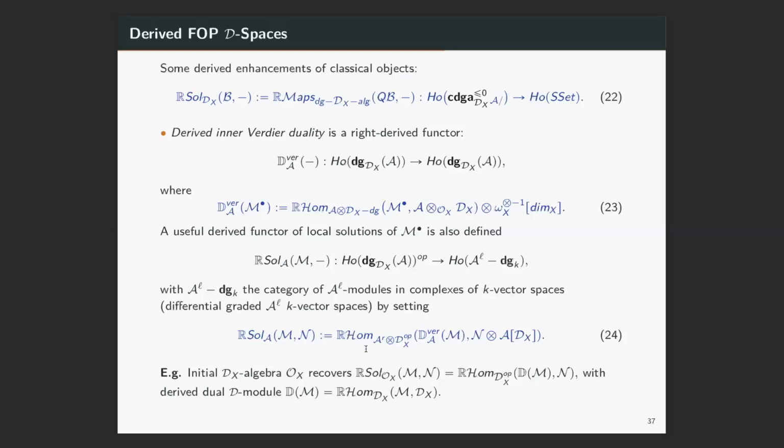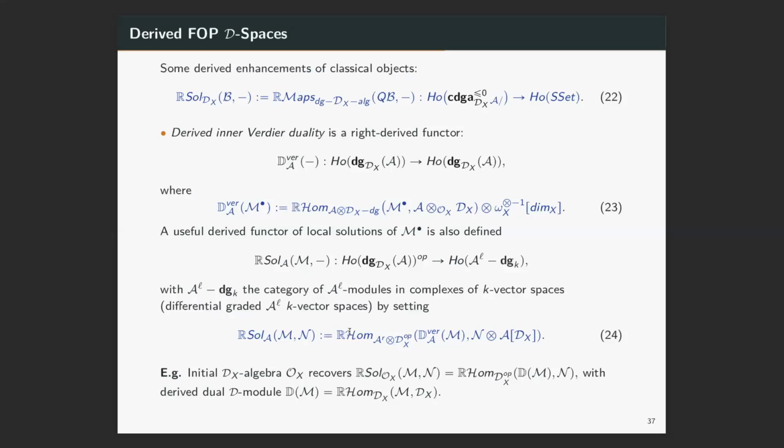If you remember, taking the right and the left, if you dualize at some point, depending on whether your operation is contravariant or covariant, you need to twist by one or the other to make sure you get a functor from the left version to the left one, or from the right to the right. Otherwise, you break this symmetry between the left and right D-module structures. The same thing happens in this infinity categorical world. They're not on equal footing, and it becomes even less so in the fully derived setting, as we'll see.